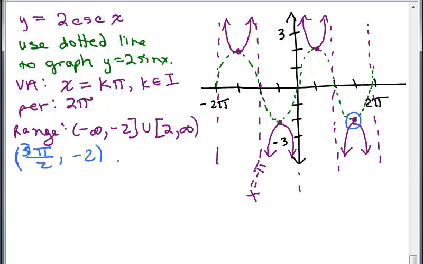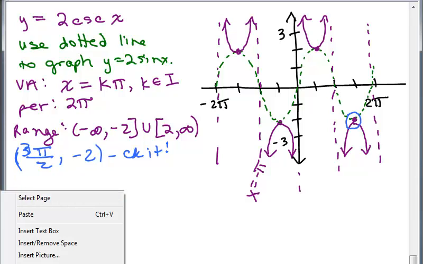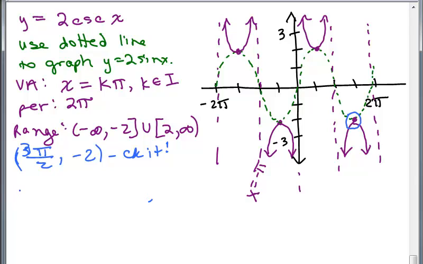And so this is just a little check. So in other words, y equals 2 cosecant of 3 pi over 2.